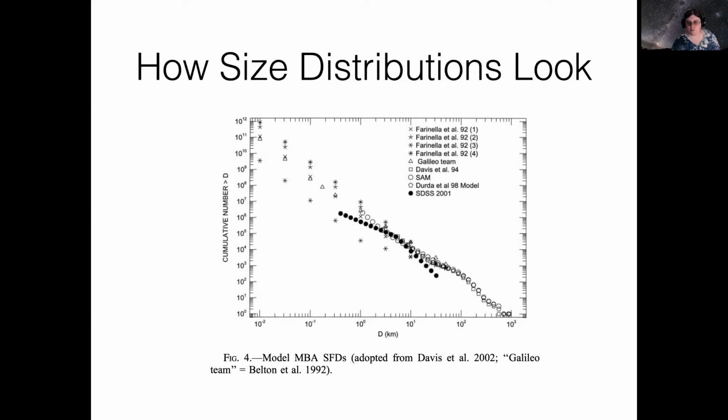We have a much better idea of how many asteroids there are that are 1,000 kilometers or 100 kilometers than we do of asteroids that are 10 meters. But you can see on a log-log scale, a power law looks like a straight line. This is also pretty handy for asteroids because it means that you can measure the deviations from the straight line and focus on that, kind of take off the straight line that pretty much any size distribution in the solar system will have on average. There's more small stuff than big stuff. But you can take that off and study those bumps and wiggles without it.